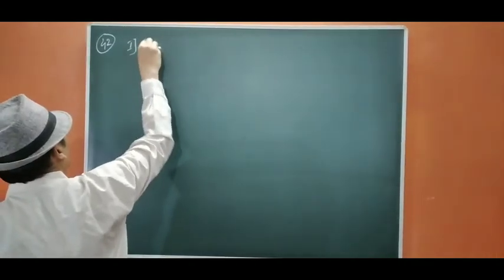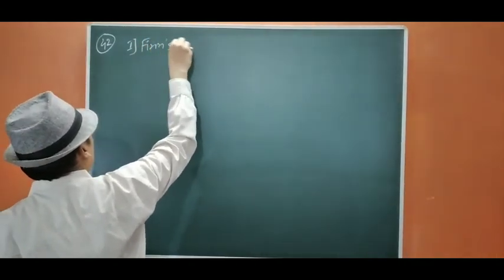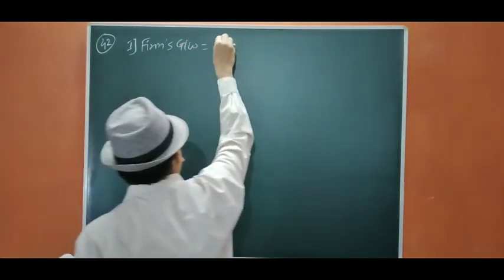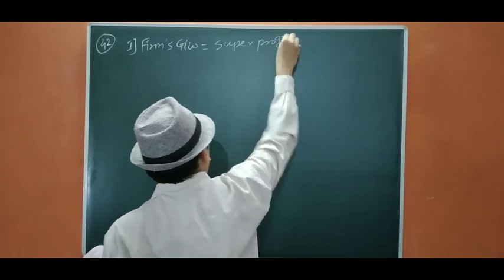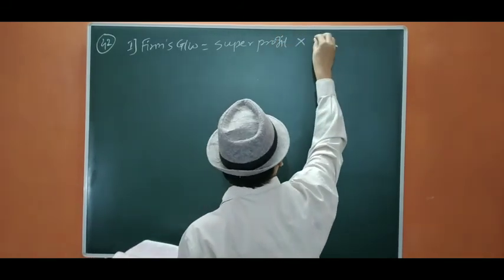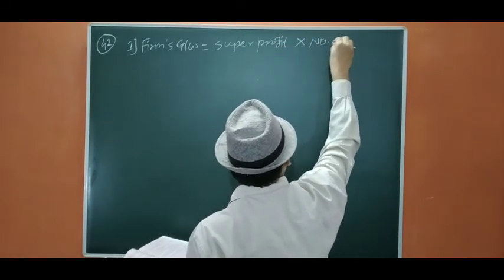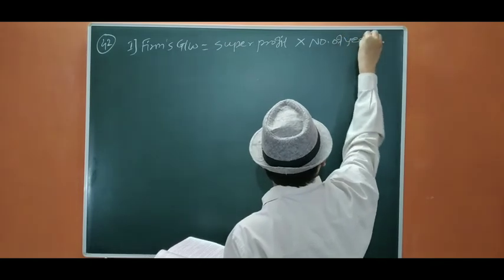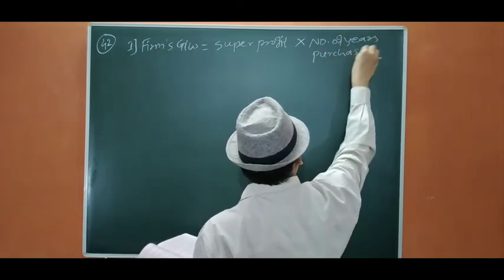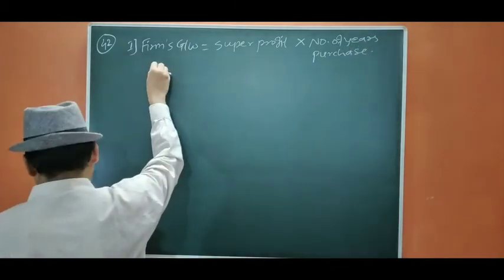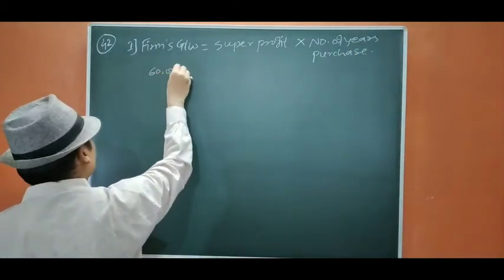So firm goodwill is given to us. We have to find out the super profit. Goodwill equals super profit into number of years purchase. Goodwill is given 60,000.